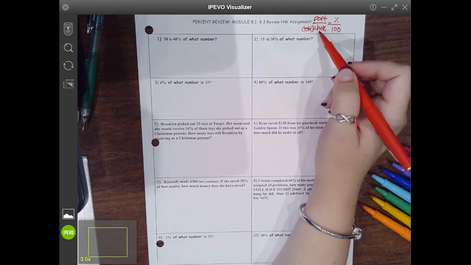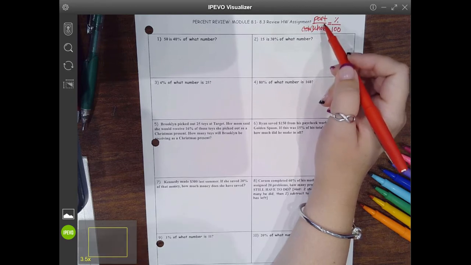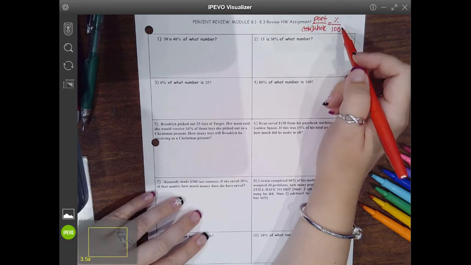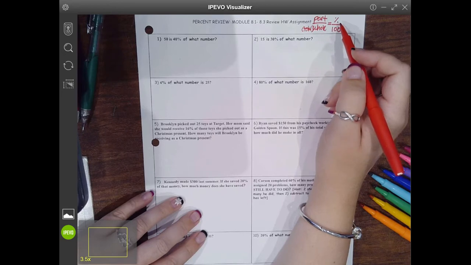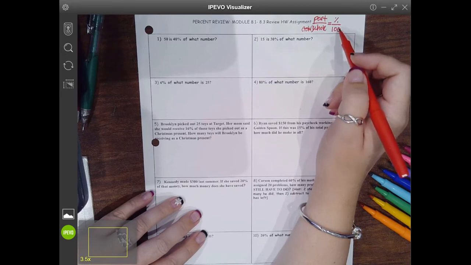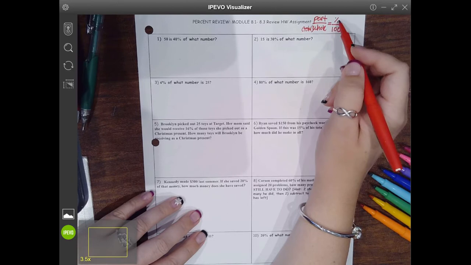You'd get a decimal, then you'd have to move the decimal over to get a percent. If you remember part to whole equals percent over 100, instead of having to remember to move the decimal and which way you move it, if you do it as percent over 100, set it equal to that, whatever you get in this place, you don't have to worry about moving the decimal. It'll be exactly that answer.